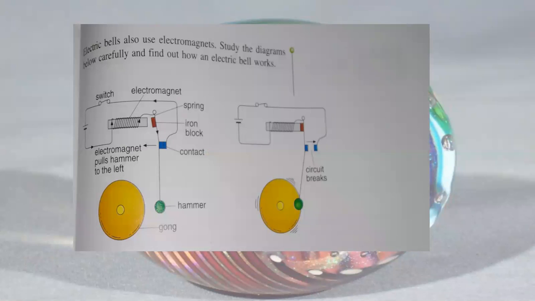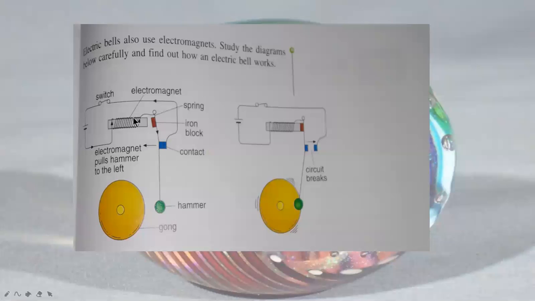Now, the electric bell also uses an electromagnet. Study the diagram below carefully and find out how an electric bell works. Now, this is the structure. This is the main part, which is called the gong, and this is the hammer. This hammer is connected with the electromagnet.